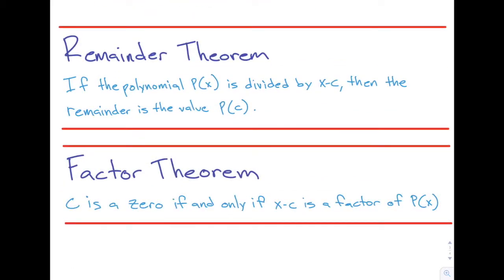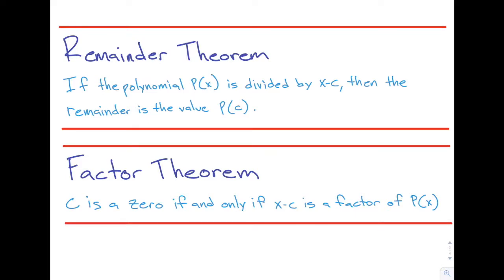So the remainder theorem states that if the polynomial p of x is divided by a divisor that takes the form x minus c, then the remainder is the value p of c. And the factor theorem states that c is a 0 if and only if x minus c is a factor of p of x.